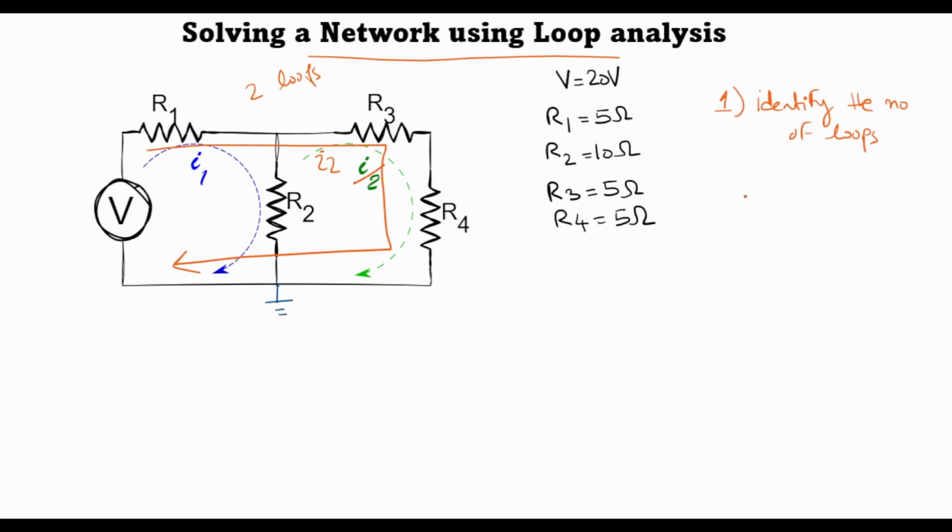Once we have identified the number of loops, the next thing we have to agree on is the polarity convention.